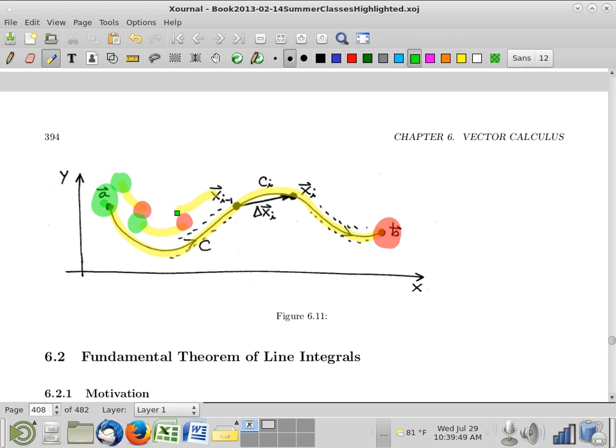Next little piece of curve has a starting point and an ending point, and we get the exact same picture we had in the previous fundamental theorem of calculus exercise, and that is that there's a bunch of interior points. They all appear twice as parts of the boundaries of the pieces of curve on sort of opposite sides, one positively oriented, one negatively oriented, and they cancel. Really very much the same picture.